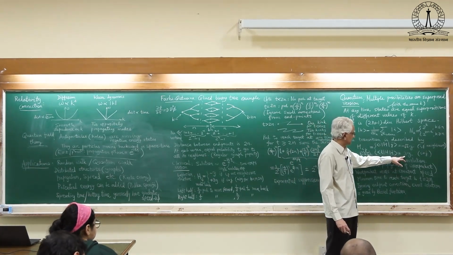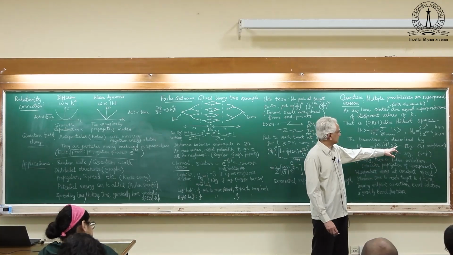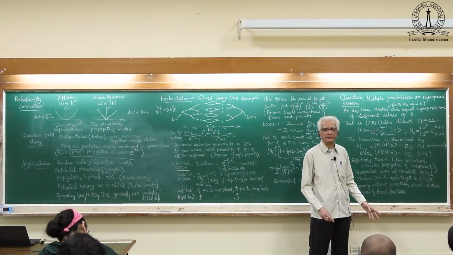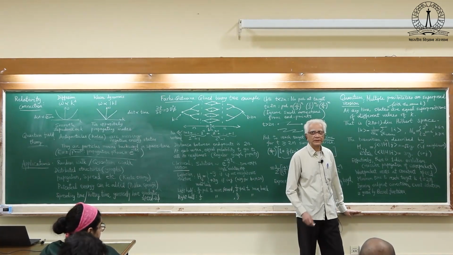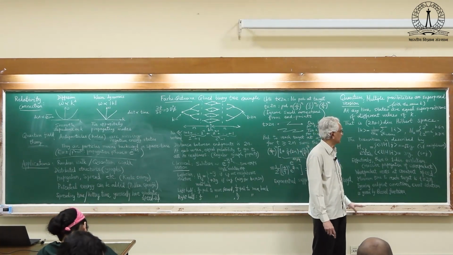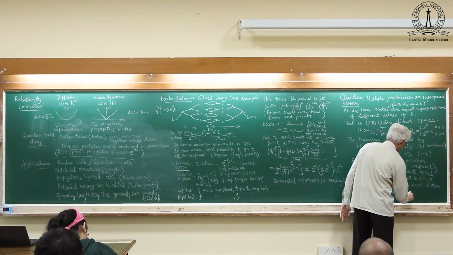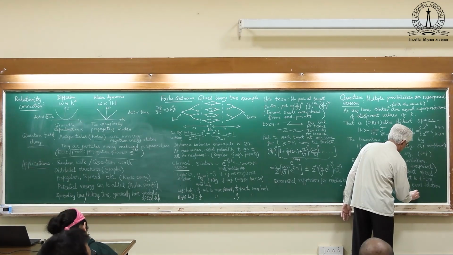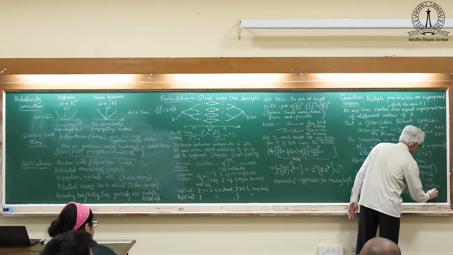Then this produces a term which is identity, nothing much happens, but this back and forth produces a term which is cosine of k, 1 unit back and 1 unit forward.